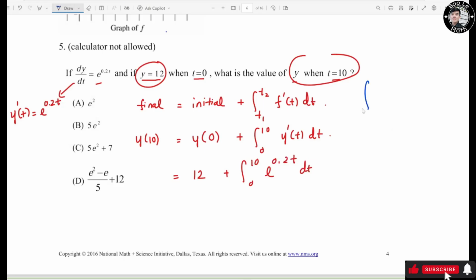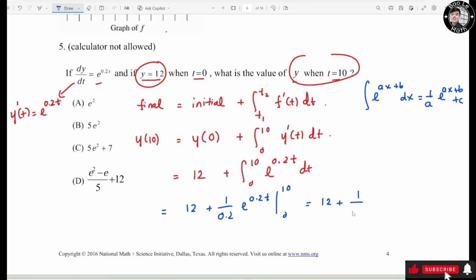Previously we have the antiderivative of e to the as plus b ds is 1 over a e to the as plus b plus c. So it's 12 plus 1 over 0.2 e to the 0.2 t evaluated from 0 to 10, which is 12 plus 1 over 0.2 times e to the 0.2 times 10, subtract e to the 0.2 times 0.